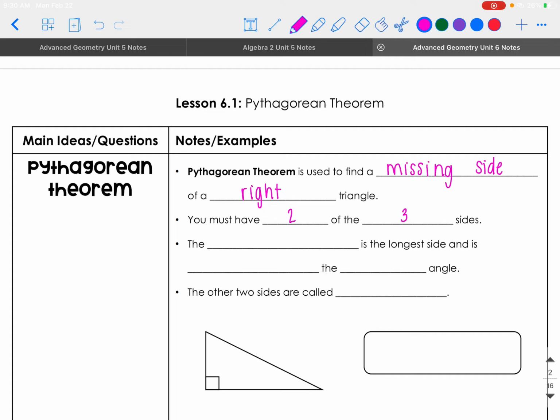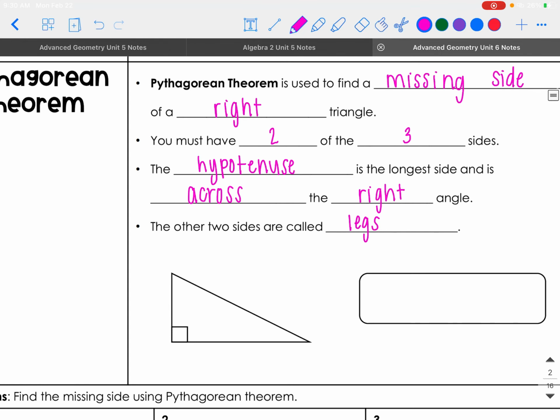Of these 3 sides, the hypotenuse is the longest side, and we can find the hypotenuse because it is across from the right angle. And the other 2 sides we call legs. So in this triangle, the one across from the 90 degrees, that is my hypotenuse. And the others, it doesn't matter, they're just called legs.